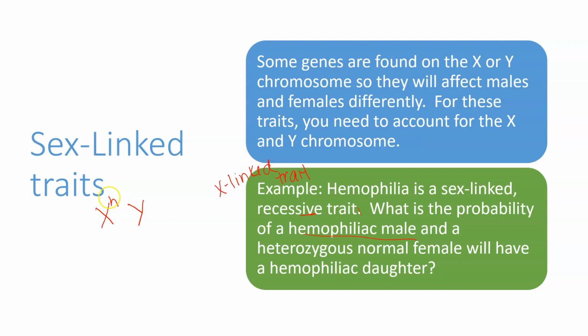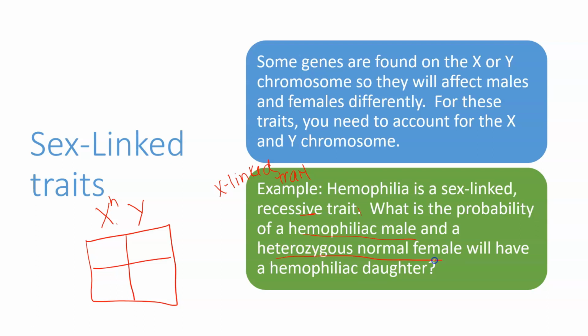X-linked means it's found on the X chromosome. It's not found on a Y chromosome, only on the X chromosome. So males only have one X chromosome, so if they have the disorder, then this has to be recessive, right? Because if it was dominant, then they would be normal. There's nothing to overcome that.